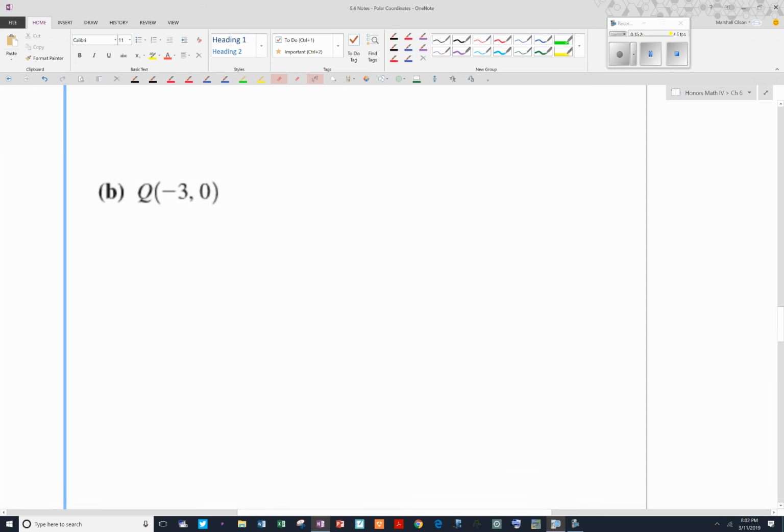All right, this next one, remember, is an xy coordinate point, and we want r comma theta. So negative 3, 0, we're just going to do a quick plot of that. All right, so this can be a pretty easy one. Let's think about what this would be as first a positive r value.